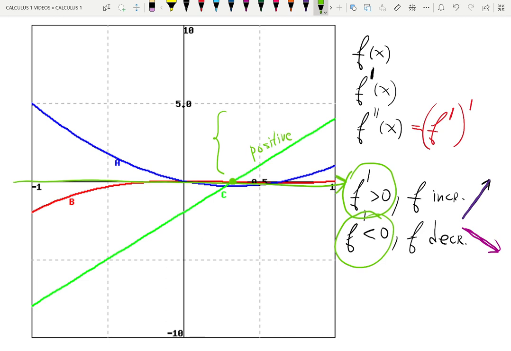This is the zero level. Whenever the function is below the x-axis, then the outputs are negative. So this function C is positive right after this point and negative right before this point.